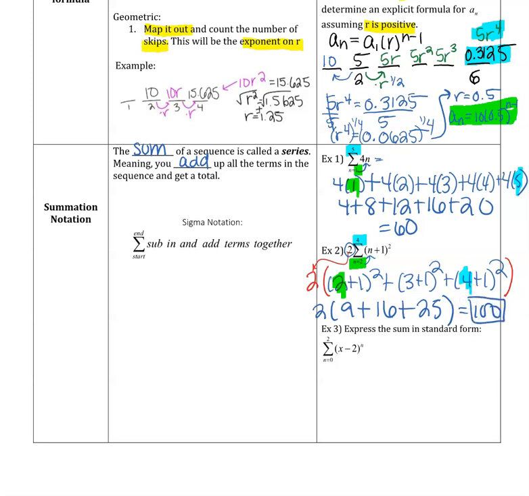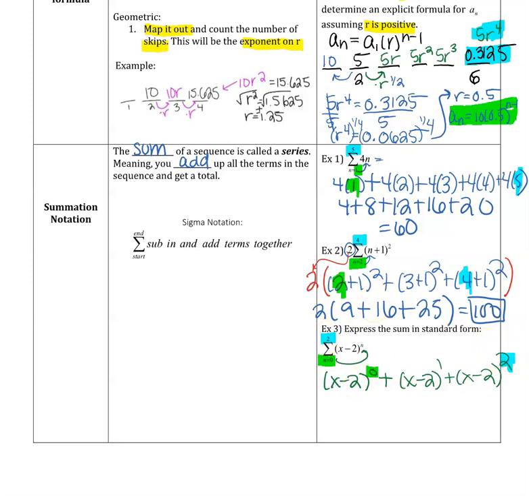All right, last one in this section. I'm going to take 0 now and plug in for n. So this would be x minus 2 to the 0 plus x minus 2 to the first plus x minus 2 to the second. Again, I'm starting at 0, ending at 2.